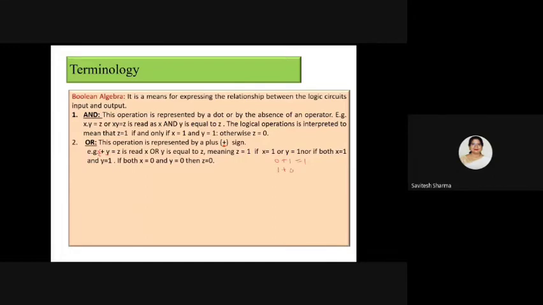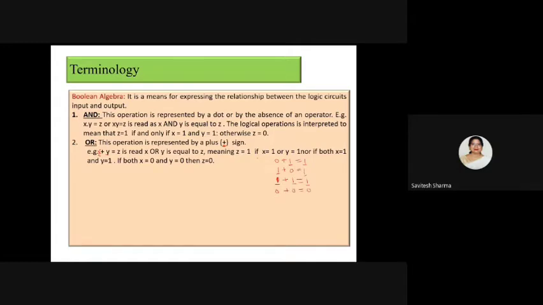So here, in Boolean algebra, three cases I am showing you: if your y is 1, or if your x is 1, output z is 1. If both are 1, z is 1. The fourth case is if both are 0, then you will get z as 0.